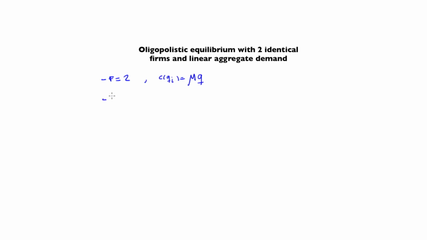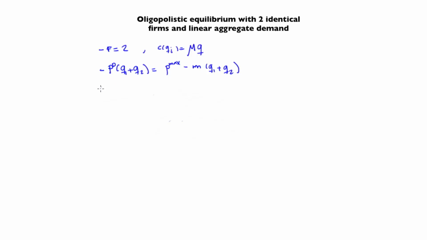Also assume that the inverse aggregate demand function for the sum of the two firms' production is equal to P max minus M of Q1 plus Q2. Okay? Now, what is the demand faced by firm i?